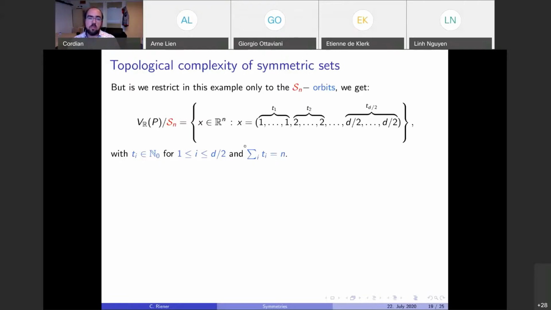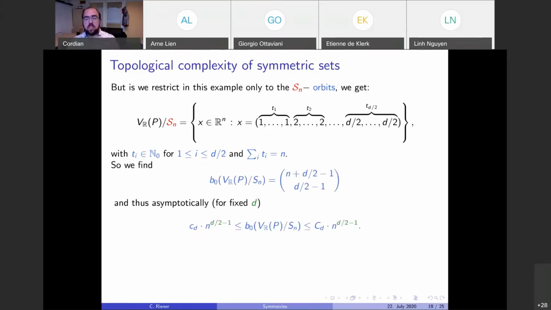So I put first the 1s here, then I put the 2s here, and so on until I put the d/2s here. So the orbits of my points are uniquely defined by these parameters t1, t2 up to t_{d/2}, that give me all the ways that I can distribute the numbers 1, 2 up to d/2, up to symmetry, onto these n slots. So how many of them do I have? Well, this is another easy combinatorial exercise. It's essentially this binomial coefficient here.